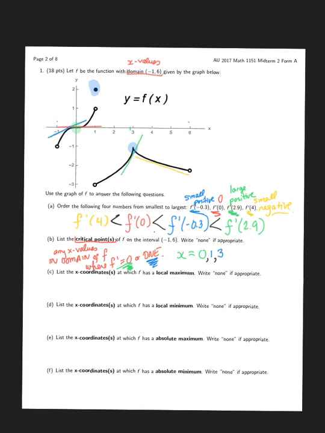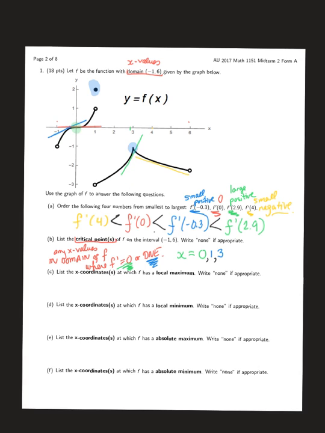So recall that local maximums require us to have a hill or a peak. If you look at this graph here, what stands out to me is this point here, (1, 2), and also this point here, (3, -1).